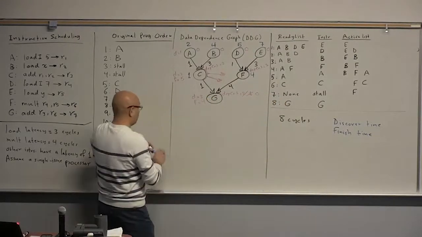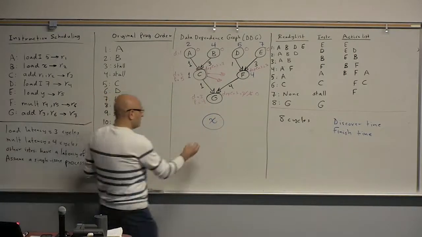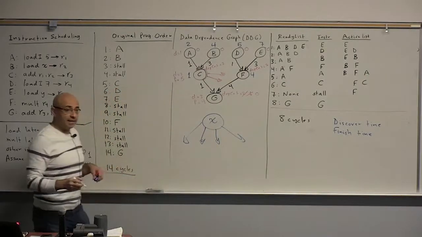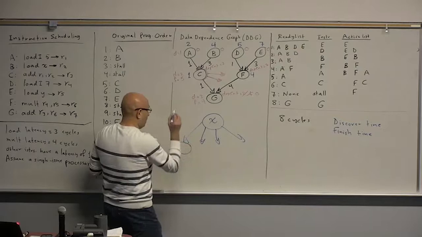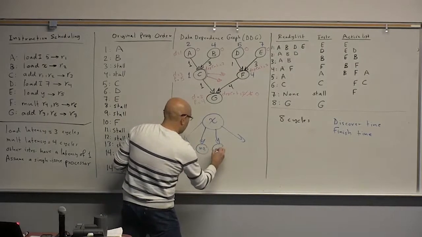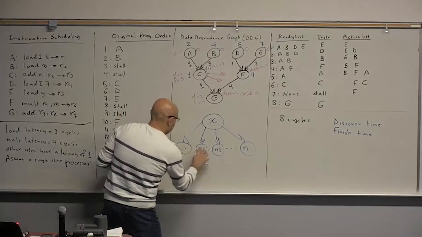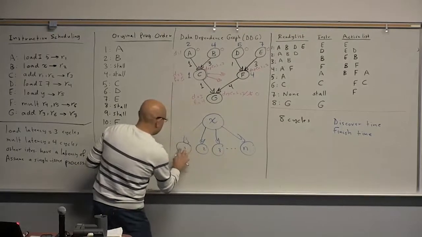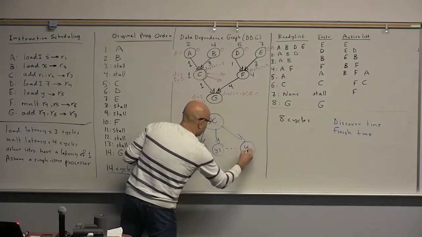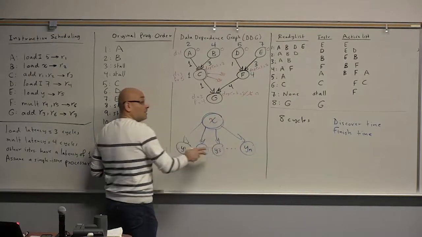This is a node X, and we have completed exploring all the neighbors of X. Let's call them Y1, Y2, Y3, through Yn, so that we can use N for the number. Now I'm finishing X after exploring everything here.